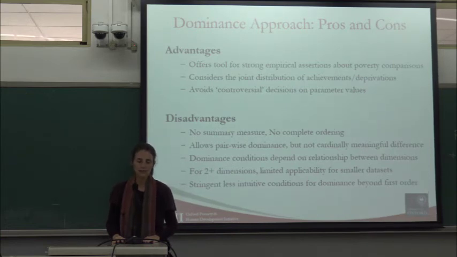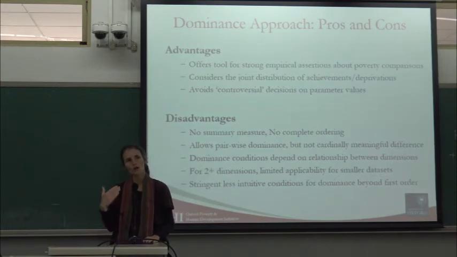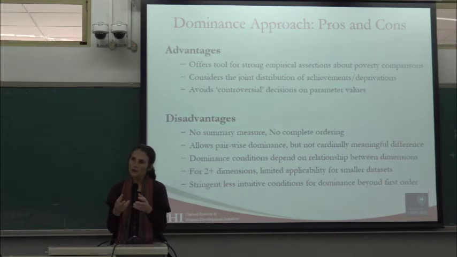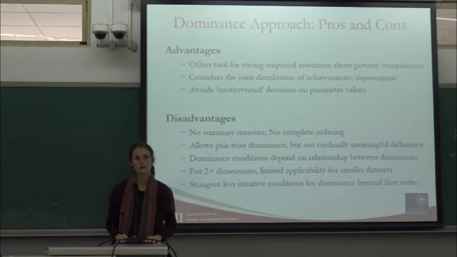And so Duclos, Son, and Younger managed 3 variables, but you could never do dominance for 10 variables. You would never have surveys that are big enough. And so there's a very strong limit in terms of the number of variables you can really explore using these strict techniques.